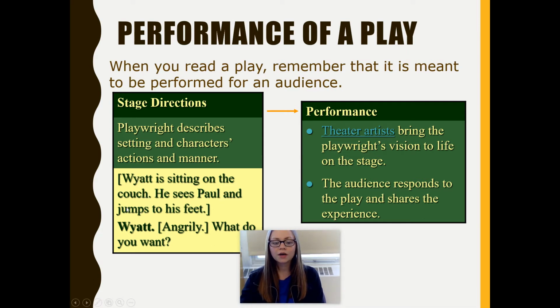He sees Paul and jumps to his feet. This is the stage direction, okay? That's describing what the actor or the character is getting ready to do. So we could picture Wyatt sitting on a couch. He sees Paul, and then he jumps up. Okay, it's telling you what the character is doing.